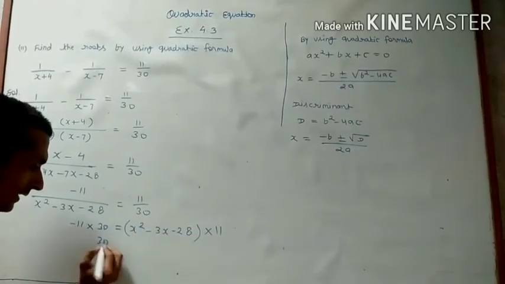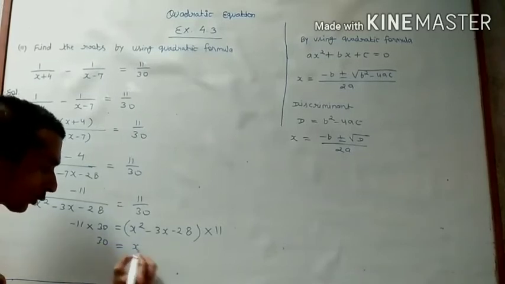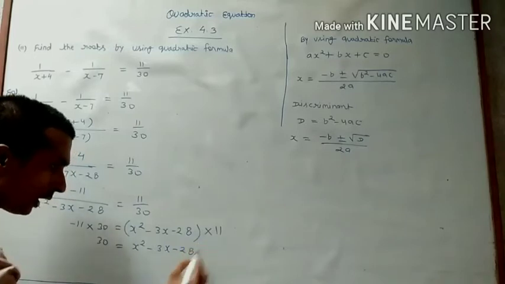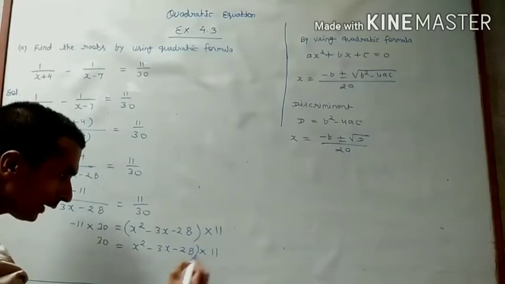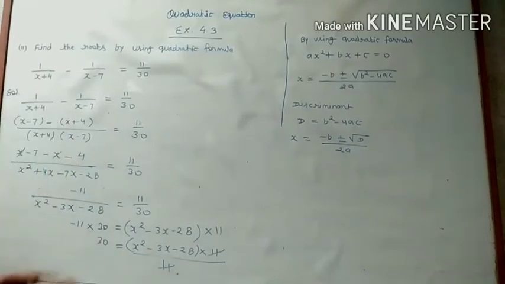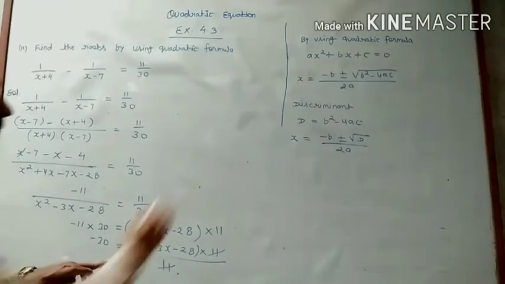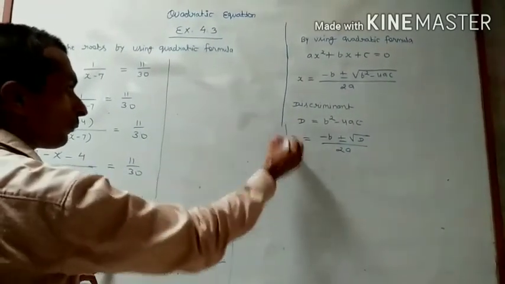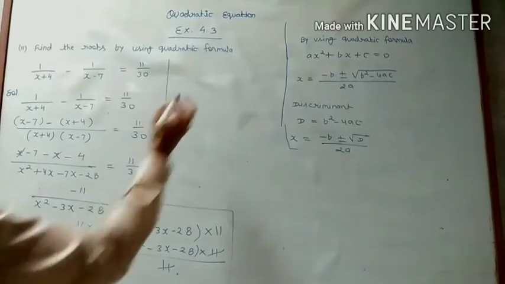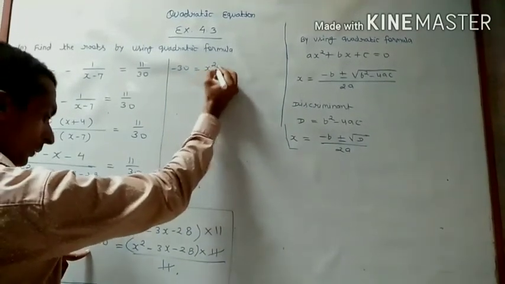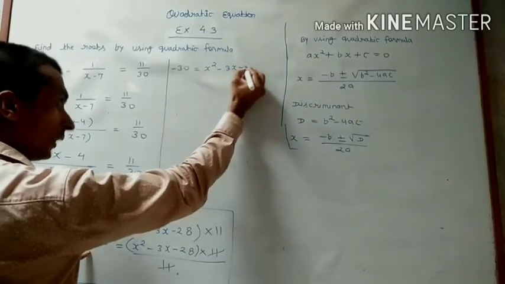So 30 as it is here, 30 and x square minus 3x minus 28 into 11 and upon also 11. 11 cancels by 11. Or this one is a negative sign. The other one, you can find this one also. Minus 30 as it is. Minus 30 is equal to x square minus 3x minus 28.